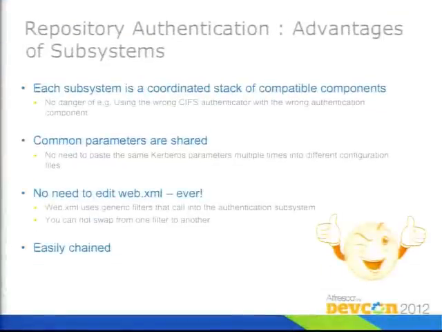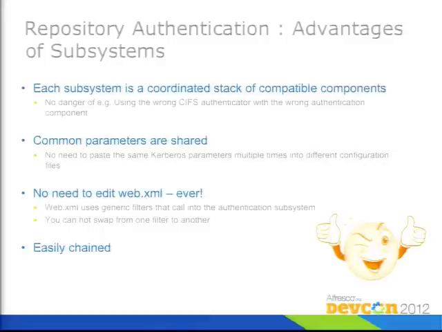The advantage of subsystems, as I explained before, is that they are separate from Alfresco and can be started and configured without restarting Alfresco. So you can use more than one subsystem in a chain configuration that you can configure directly in your alfresco-global.